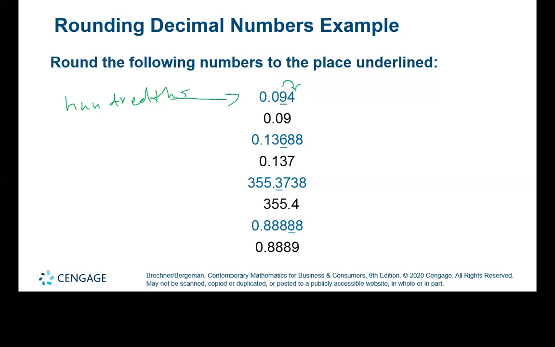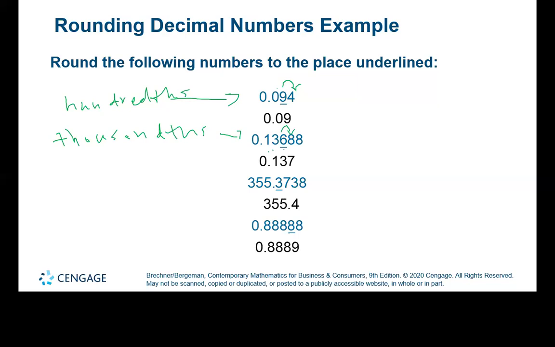All right, now the next one. Let's review what place value this is. Tenths, hundredths, thousandths. Let's pretend they didn't underline that for you, and let's say they said round to the thousandths. You would have to come over here and say tenths, hundredths, thousandths, and underline that. Look behind the 6. It's an 8.